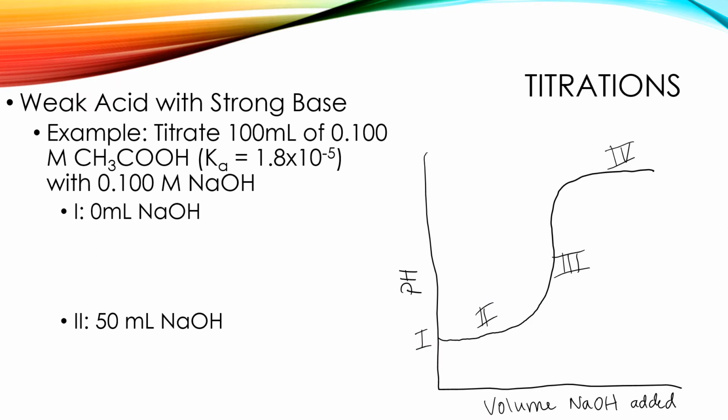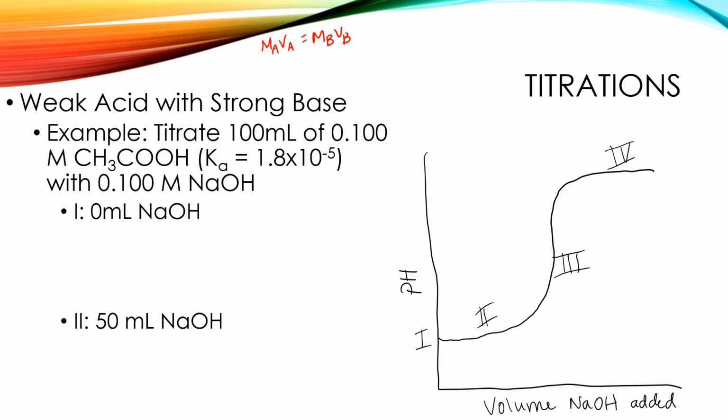Okay, so let's do an example of some pH calculations. Just like before with the strong acid, strong base, the first thing that we want to do is determine what our equivalence point volume is so that we know where we are, which region we're in on our curve. So I'm going to do MAVA equals MBVB.